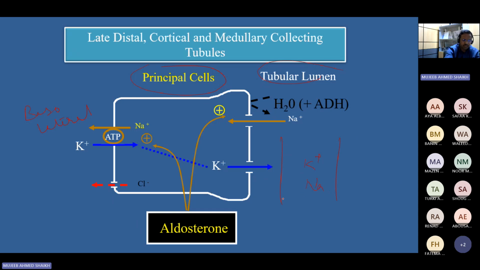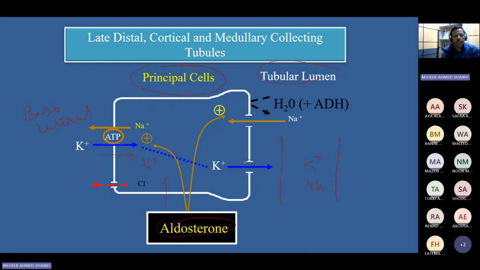When aldosterone is released because of either decreased sodium or increased potassium in the body, as a lipid hormone it will enter the cell and act on the nucleus, the DNA, leading to more formation of these channels at the basolateral membrane, which leads to more potassium coming in.